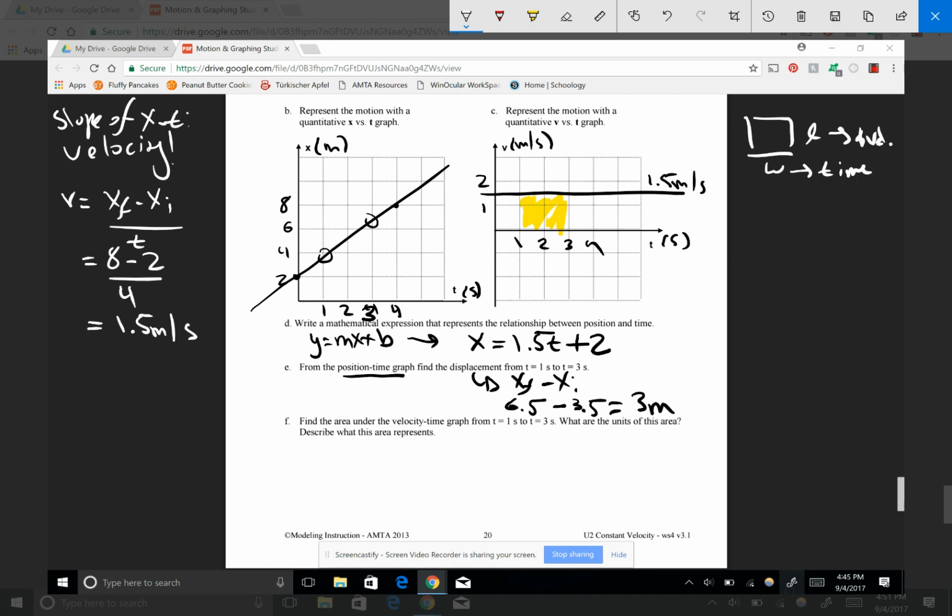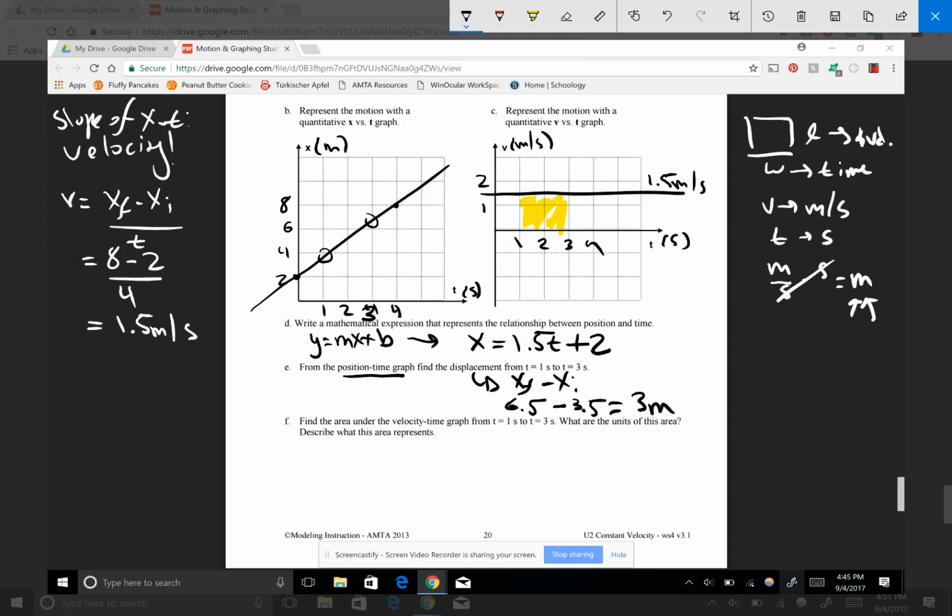So our velocity unit is meters per second. Our time unit is seconds, so multiply them together, meters per second times second. Same way we would simplify any other fraction, we're going to simplify this one. Cross out the s's and we're left with meters. So the unit for our area must be meters. Yay! Cool.